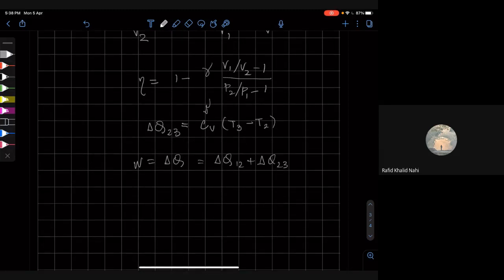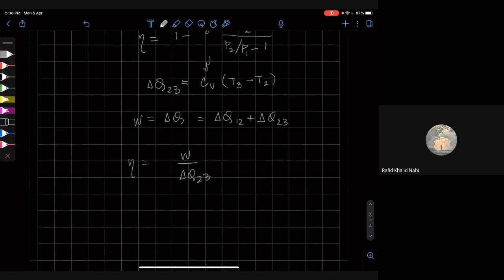And then the efficiency is going to be W by the heat that you absorb, so that'll be delta Q23. When you plug these expressions in, you get a function of, say, T1, T2, and T3, where you have the ratios of these T's.